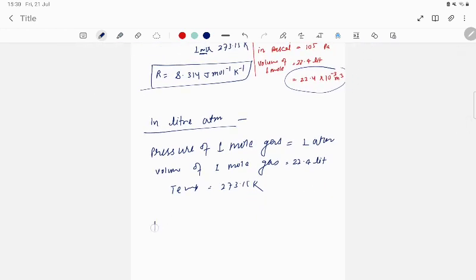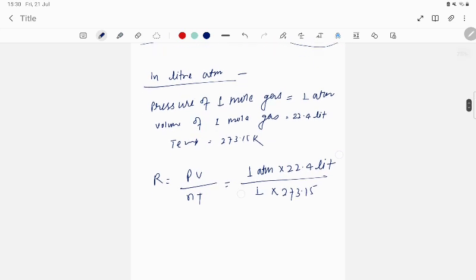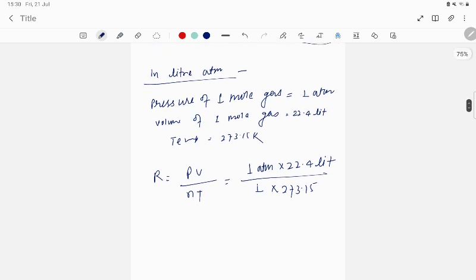Now plug in the values, student. R is equal to PV by nT. Pressure is 1 atm, volume is 22.4 liter, divided by n equal to 1 mole and 273.15.